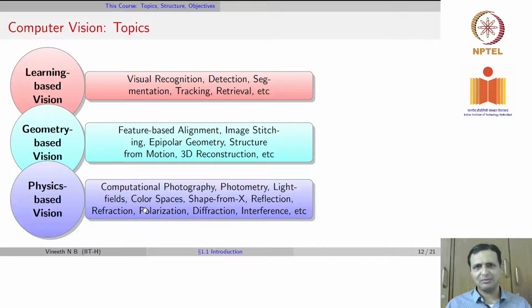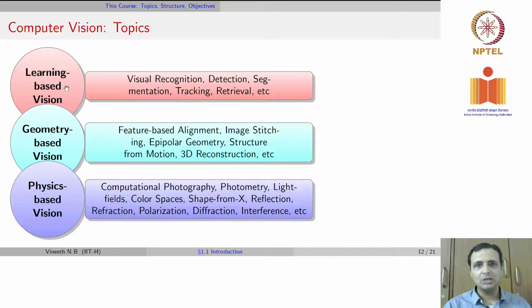You can broadly classify the topics into learning-based vision, geometry-based vision, and physics-based vision. Once again, these topics are fairly porous, so it's not that one topic doesn't flow into the other. Often to solve problems, you need to use concepts from various subtopics.